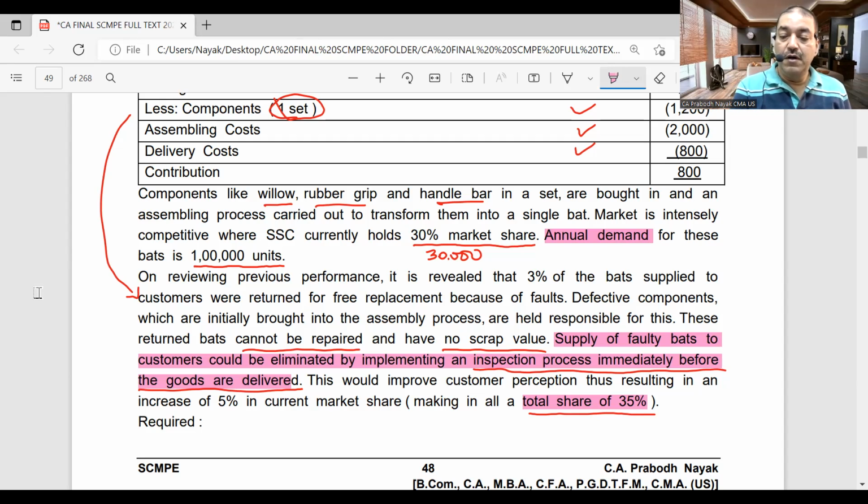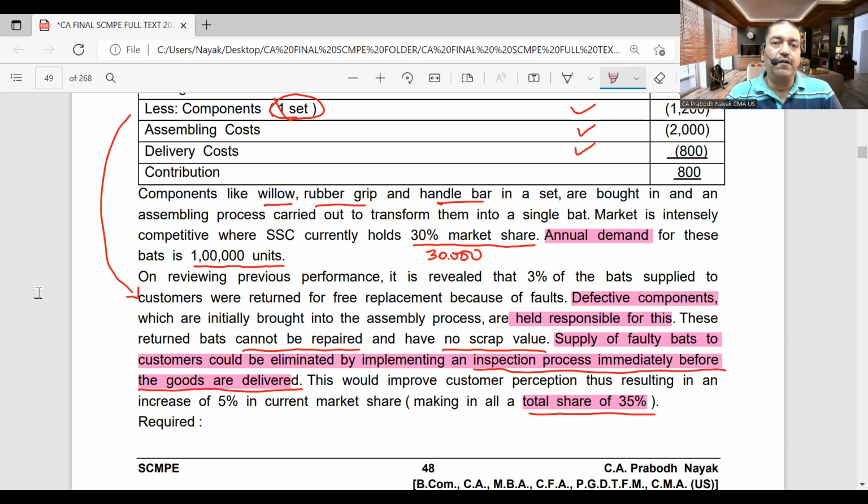Defective components are held responsible for defective bags. And I am not manufacturing those components. Those components are being manufactured by somebody else and I assemble them into the form of a bag. So I cannot have control over that. So that means there will be some defectives. Correct? So defectives will be there. But customers will get only good bags.